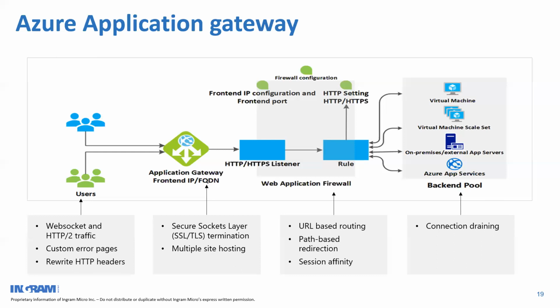For example, let's say you have a web server, a file server, and a database server. All the normal requests for accessing the web should be redirected to the web server, but if you have an incoming request for a file or an image, that has to be rerouted to the file server instead of the traffic going to the web server. Right? Those are things that you can configure within the Application Gateway feature of Azure.